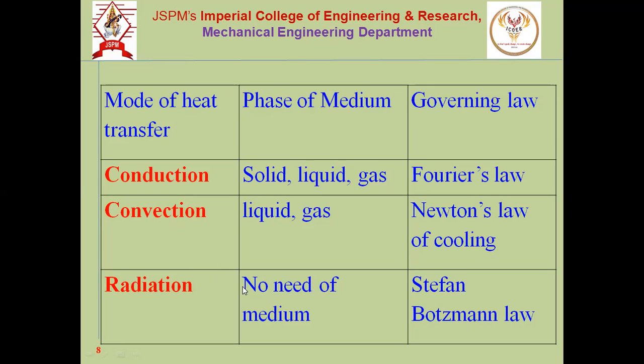In radiation, you don't need any medium. Like we receive radiation from the sun, there is no medium, still it can travel. For convection and conduction, if there is no medium, there is no heat transfer. But in radiation, without a medium, it can radiate. The governing law is the Stefan-Boltzmann law.